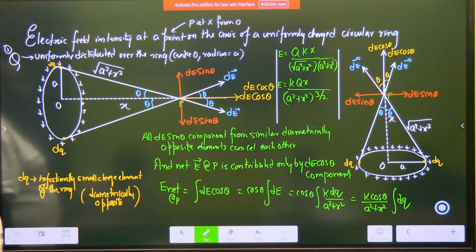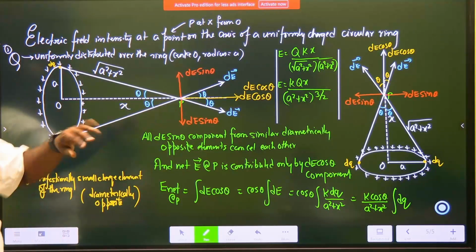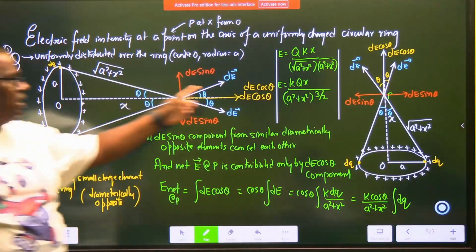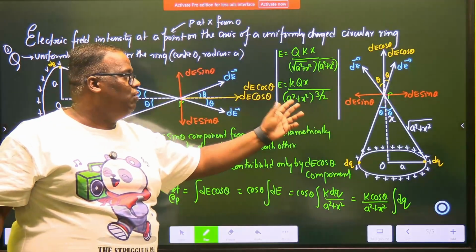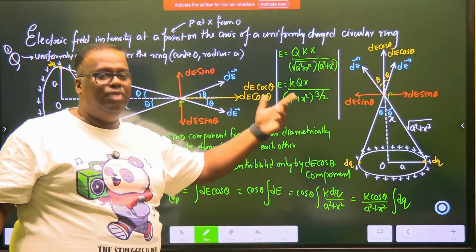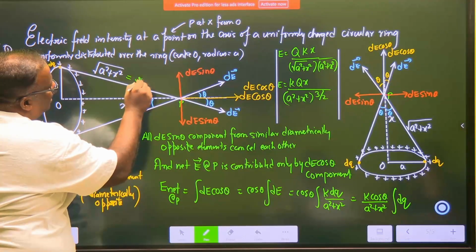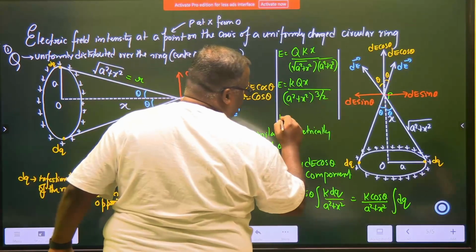Fine. Which tells us that electric field intensity always, now quickly, we are short of time, so let's understand. This is the scalar component. If you want to present this in vector form, then we have to mention some vector r, and I will write E in vector form.